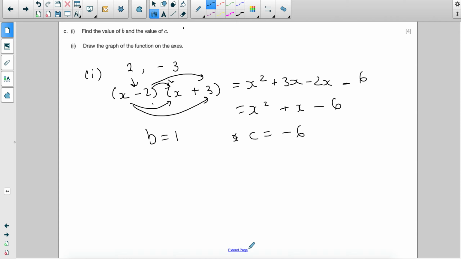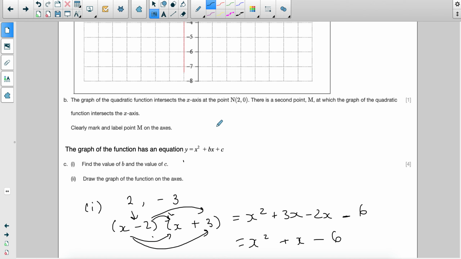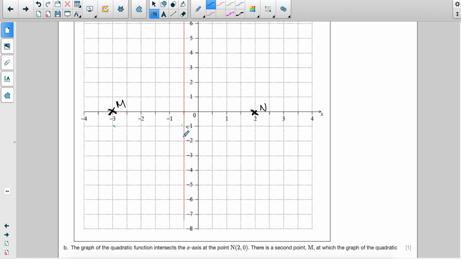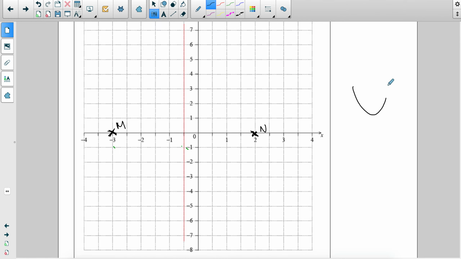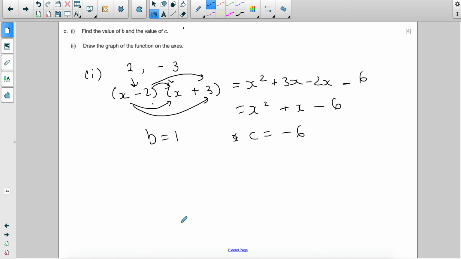Now to find the vertex, the minimum point, we know this has a coefficient of a positive 1, so the graph is going to look something like this, because of the coefficient of x squared. But we need to know where the minimum point is. Well, we know that the x coordinate of this will be negative 1 over 2. So we just need to know the y coordinate. There are many methods to find this, but we can just substitute into our original.